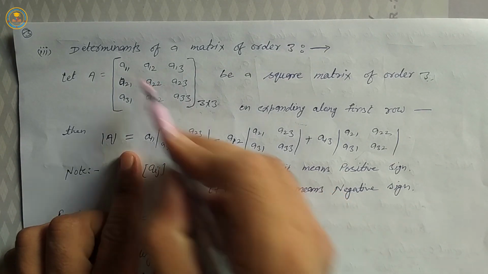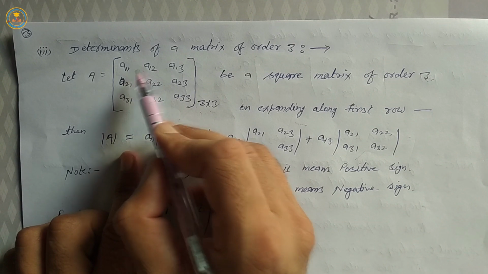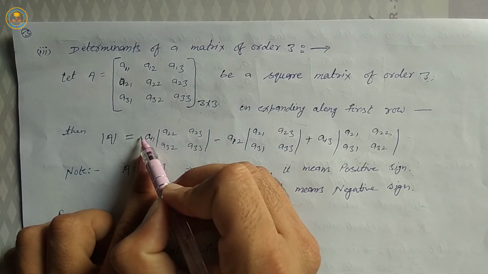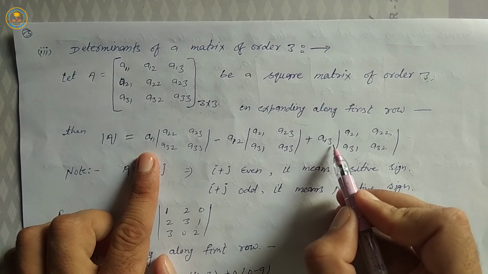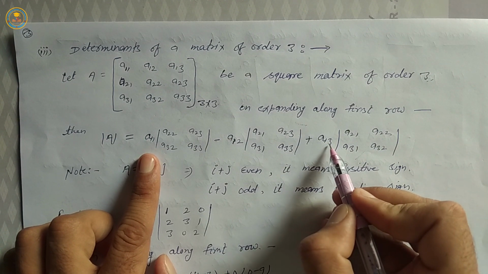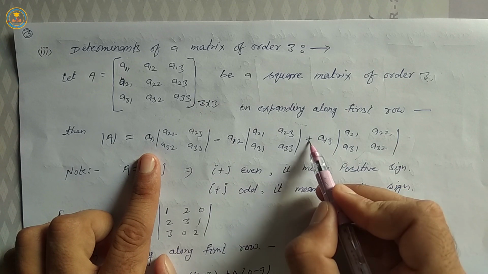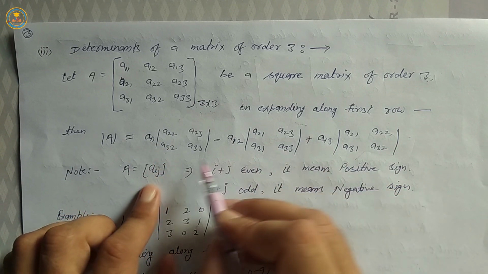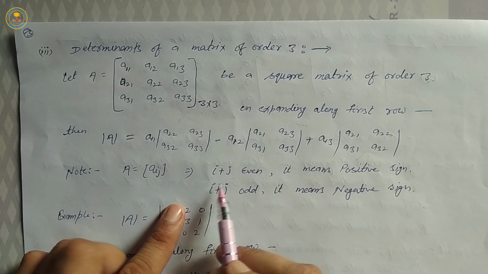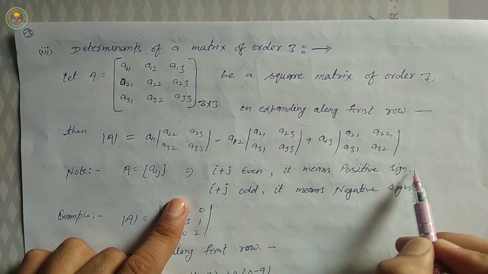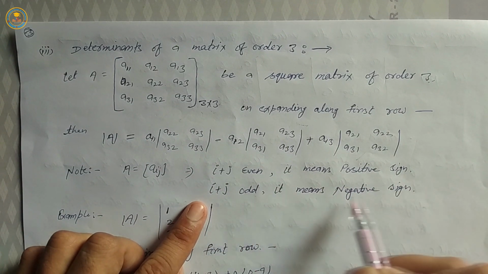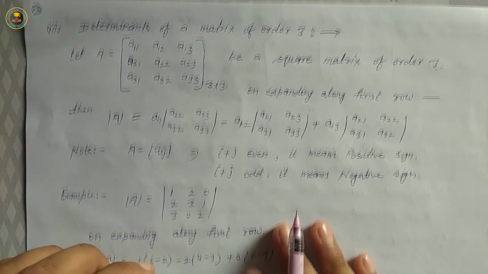It means minus. 1 plus 1, 2, it means even number, plus. Okay. A13, it means i plus j, 1 plus 3 is equal to 4. It means even number, positive sign. A is equal to Aij: i plus j even means positive sign; i plus j odd means negative sign. Okay.